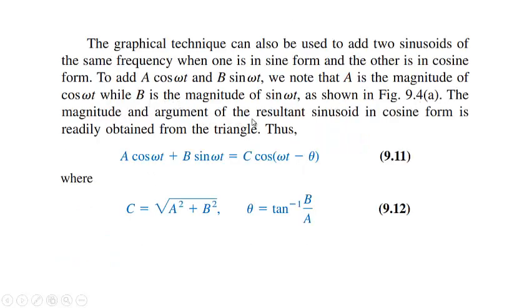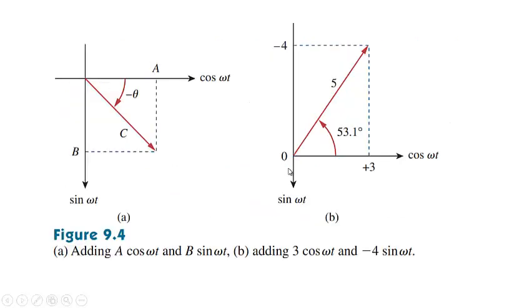The magnitude and argument of the resultant sinusoid in cosine form is readily obtained from the triangle. That means a cos omega t plus b sin omega t is equal to c cos of omega t minus theta.